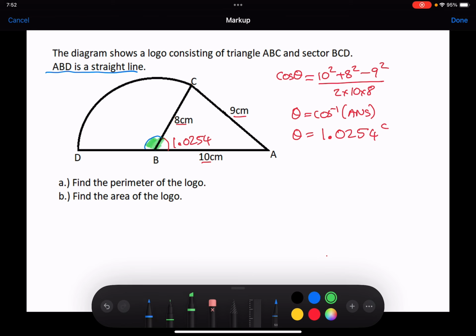So I know that these two angles will add up to be pi radians. 180 degrees, but pi radians. So if I now do pi take away the 1.0254, I work out that that blue angle here is 2.11618. I'm using lots of decimal places here because I want to make sure my answers are as accurate as possible.